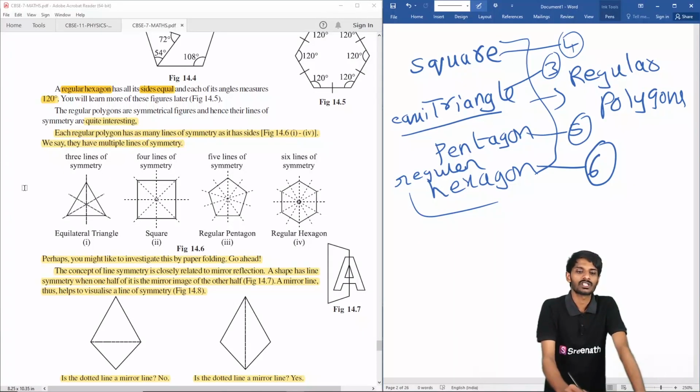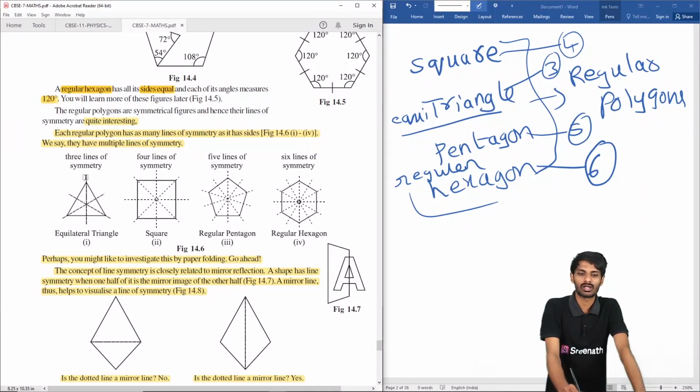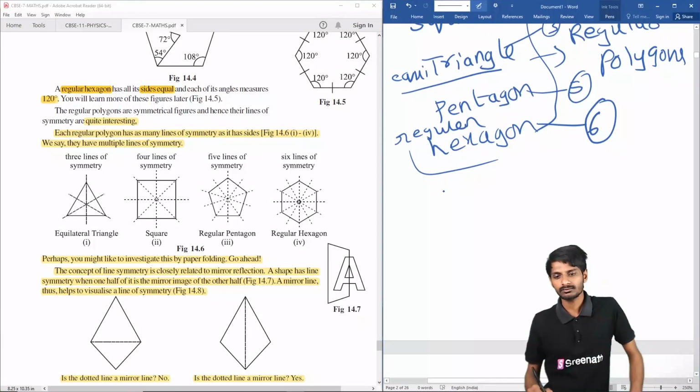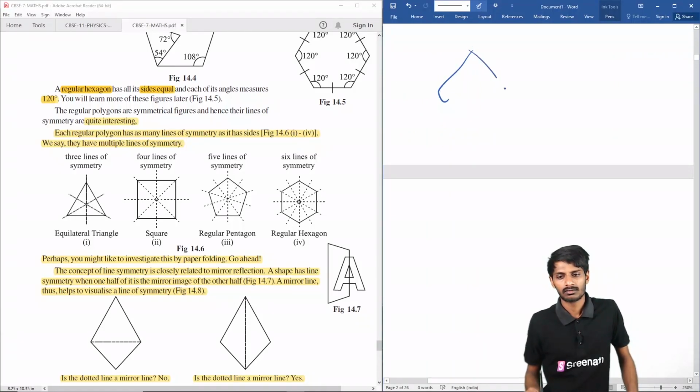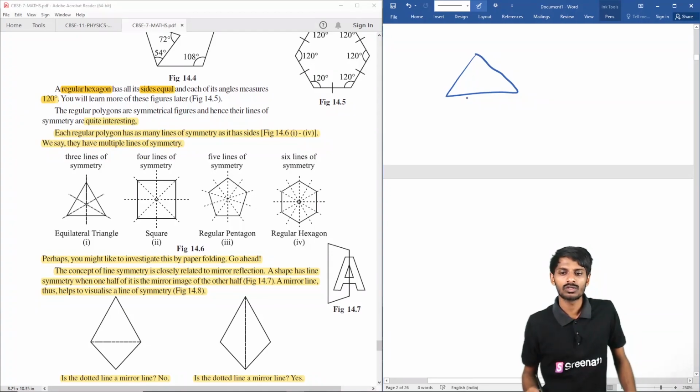If you see here, it is the equilateral triangle. It is having 3 lines of symmetry. Each line passes through a vertex and the opposite side. You see it is passing through this vertex. I will draw here. So it is an equilateral triangle.